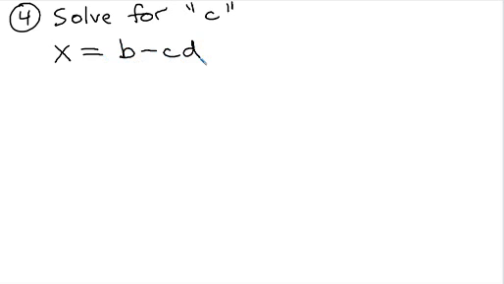Let's solve this one for C. X equals B minus CD. And when you look at this one, you might think, oh no, there's a whole bunch of letters. I think it actually makes it a little bit easier, because I can just pick another number for all the letters except for C. So let's come over to our planning problem.